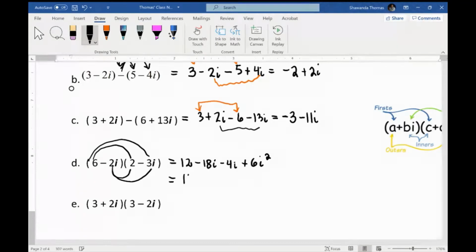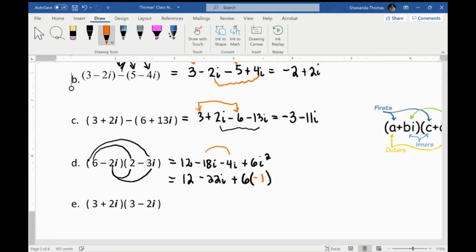We have sort of like terms in the middle. Negative 18i minus 4i, combine it to get what? Negative 22i. But we also know that i squared equals what? I told y'all to memorize what i squared equals. Negative 1. So we have to break it down to negative 1.